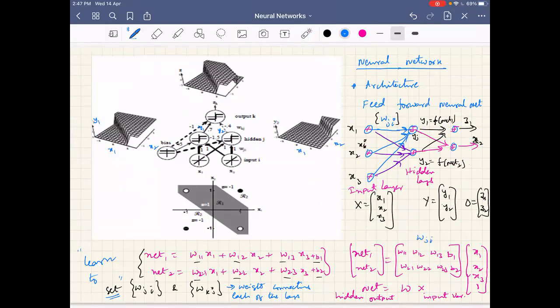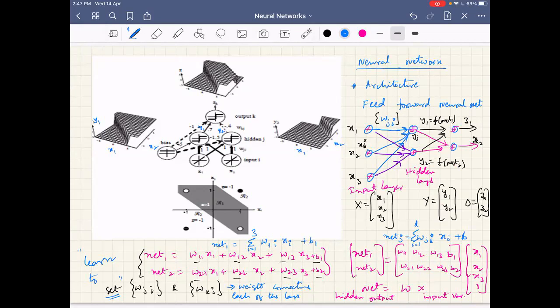Net J is equal to WJI into XI plus bias, right? A general equation, if you want to write, this is how we write, with summation over all XI, 1 to D. Same thing, if I want to write a general expression, please note that net 1 is equal to summation I equal to 1 to 3 of W1I into XI plus bias B1.